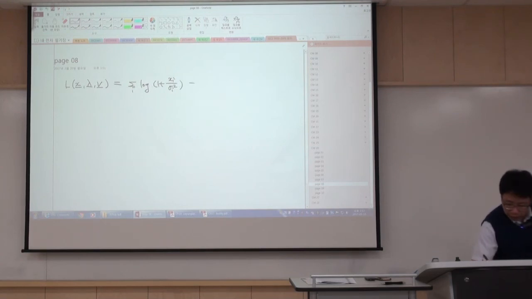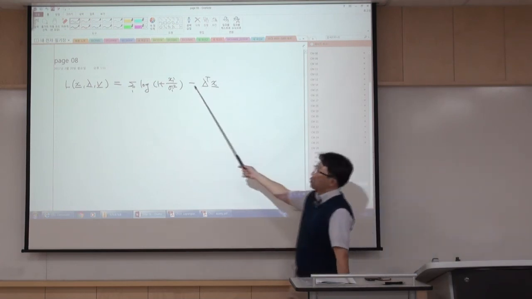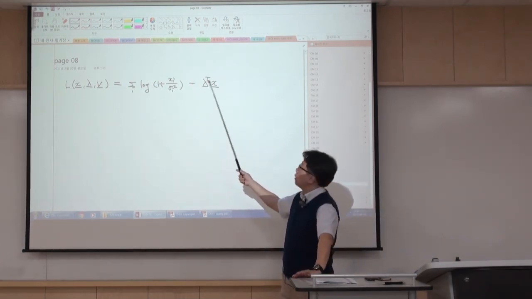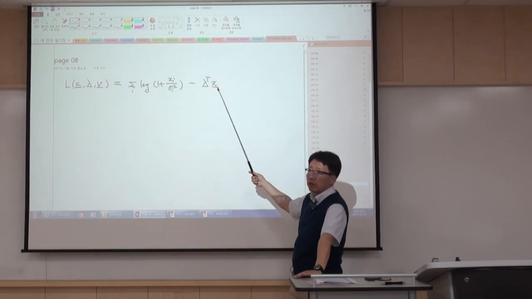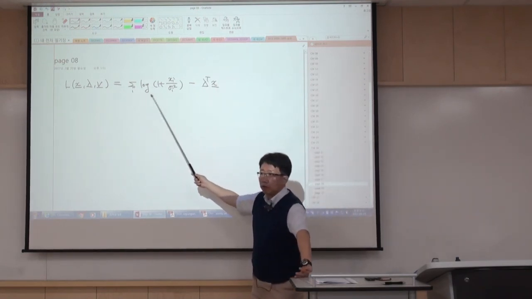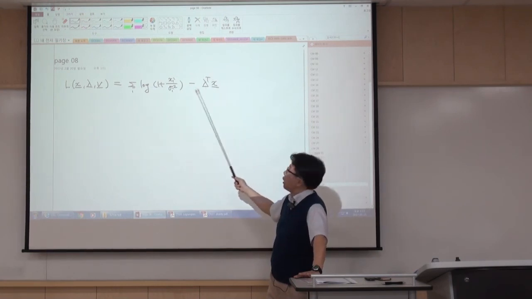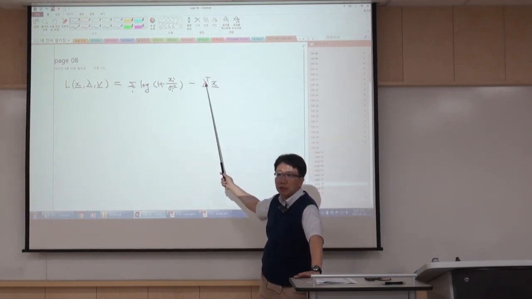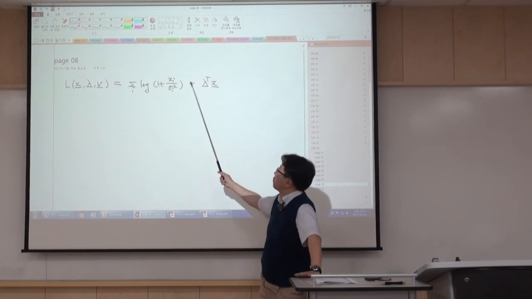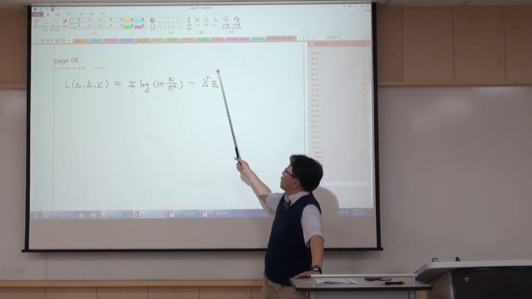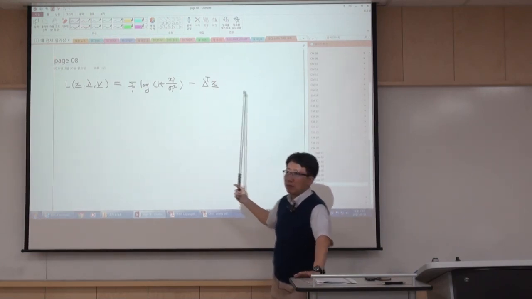Here, minus lambda transpose x. And here I use a negative sign with lambda transpose x. Why? Because I want to find the lower bound, right? This is non-negative and this is non-negative. So I put a negative sign here. Got it? Don't be confused. Usually we have plus lambda transpose and minus x, but it's the same, right?